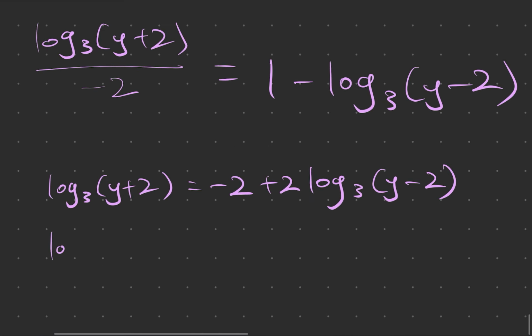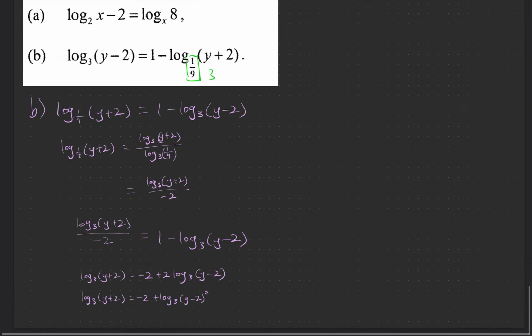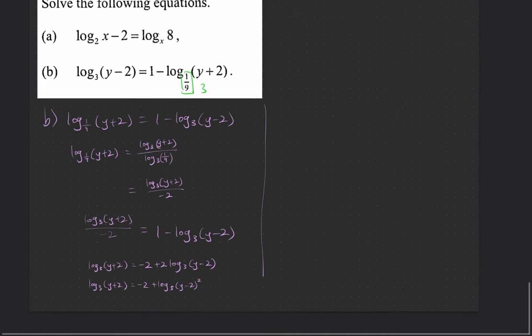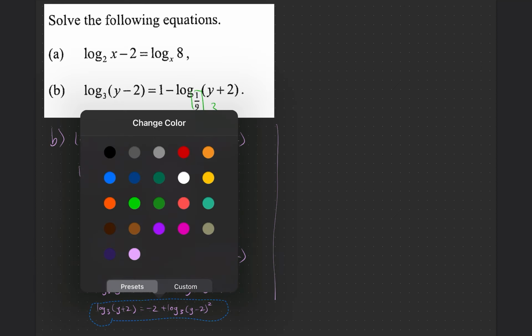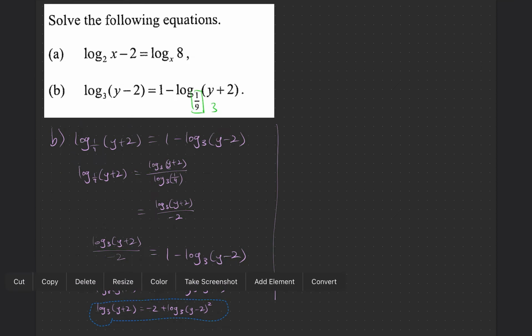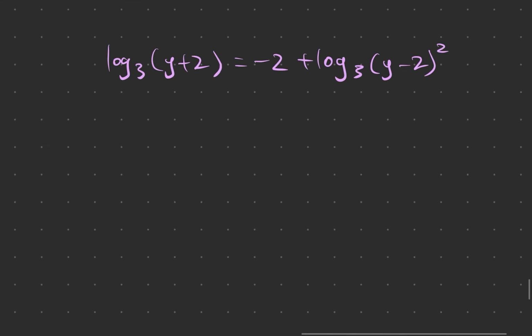So we get log base 3 of y plus 2 equals negative 2 plus log base 3 of y minus 2 squared. Let's bring this step up there so I can follow what we're doing. Copy, paste. Okay, so now we're left with this step.